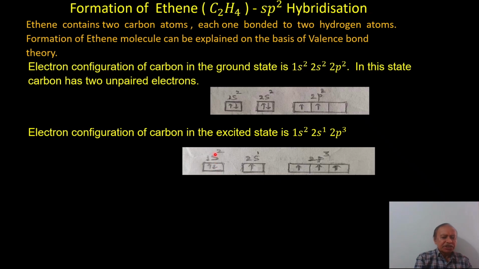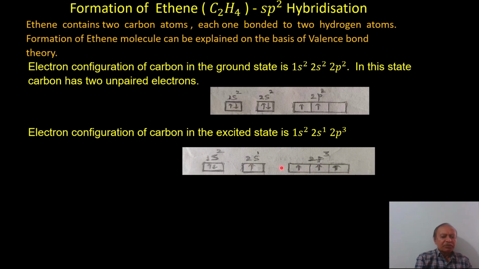In the excited state you have 2 electrons in the 1s orbital and 1 electron in the 2s orbital. Among the 2 electrons, 1 electron from the 2s orbital is promoted to a vacant 2p orbital. So the 2s orbital has 1 electron and the 2p orbitals have 1 electron each.